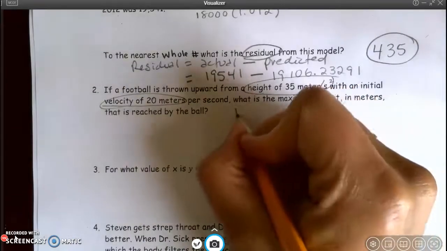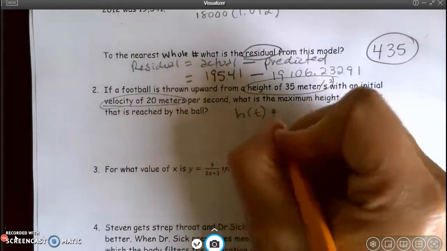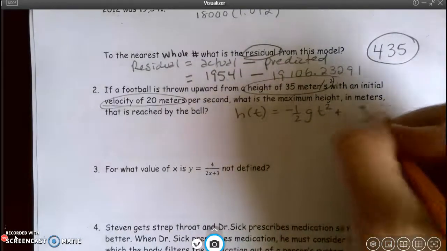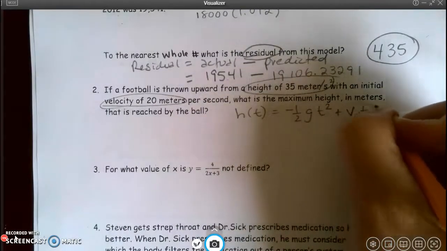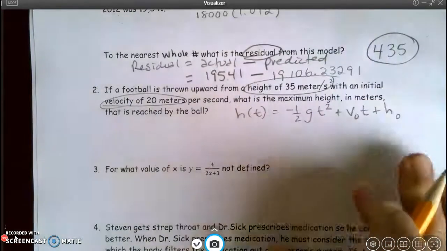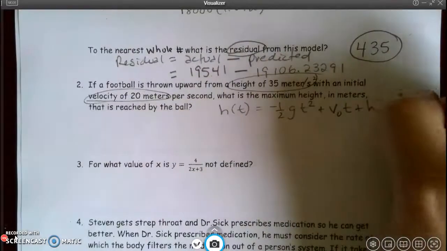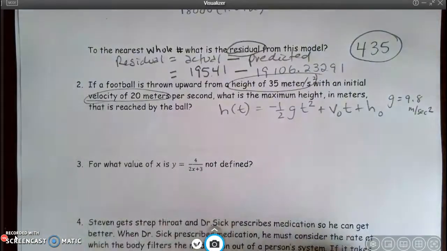So I'm going to use that formula, h of t equals negative 1/2 g t squared plus initial velocity t plus initial height. Now, since everything's being measured in meters, gravity is going to be 9.8 meters per second squared.